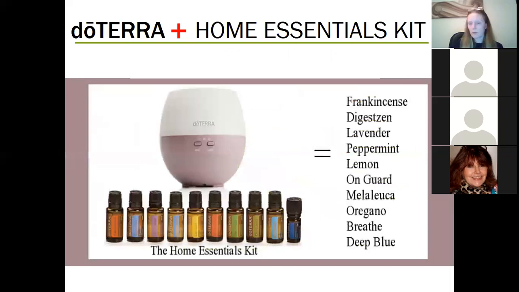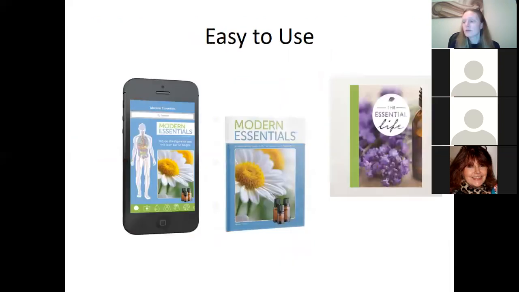Okay, so I'll just go into the Home Essentials kit, and that's the 10 core oils that we would recommend everybody to be using now. All right, so where's my book gone. So we have two different books that you can use as a reference in order to have more confidence on how to use the oils. And one of them, the Modern Essentials, comes in an app form as well, which you can download from the App Store or Play Store on Android.